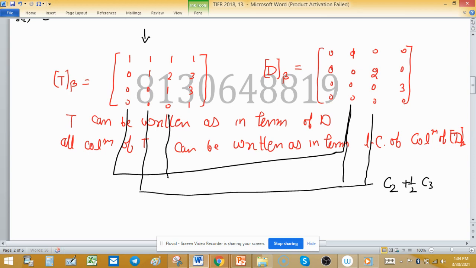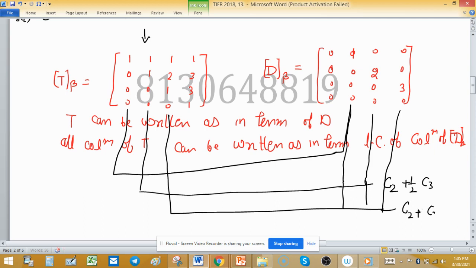Now this column can be written using these columns. How? C2 plus C3, and the last entry is 1, so 1 upon 3 C4.